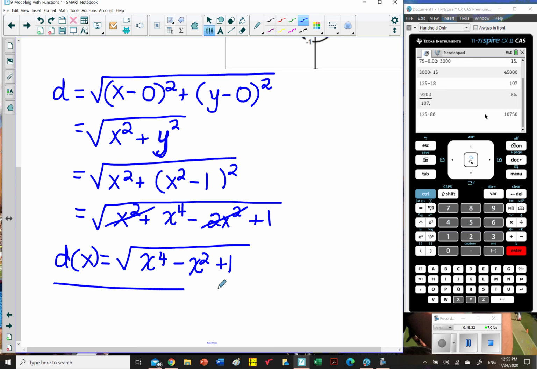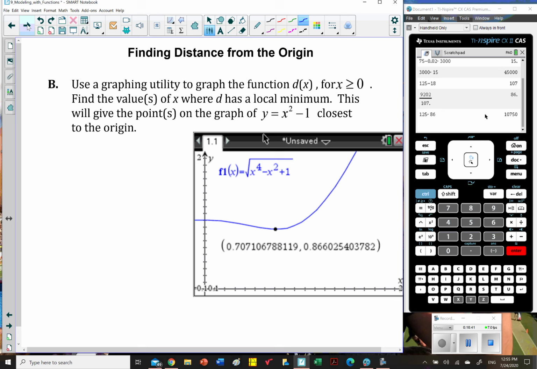Now, do we need that for part B? I think we have to go graph next. So part B, we're going to use a graphing calculator, and we're going to graph that function, the square root of x to the 4th minus x squared plus 1.